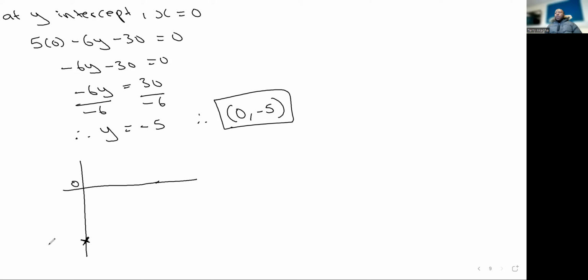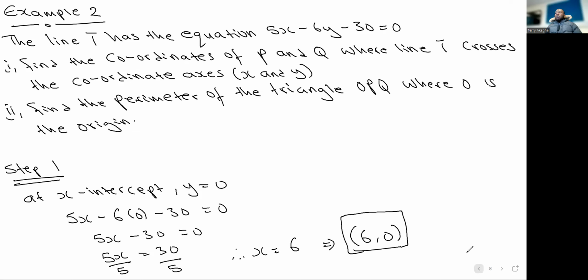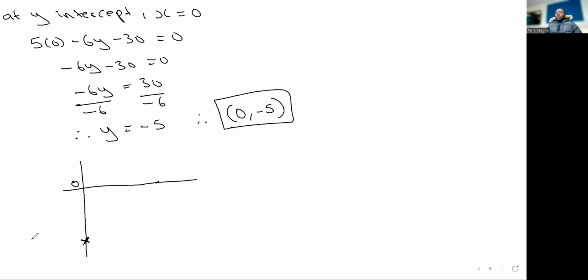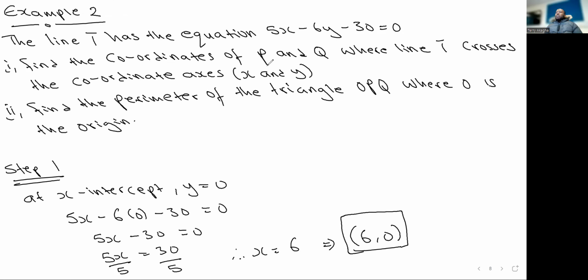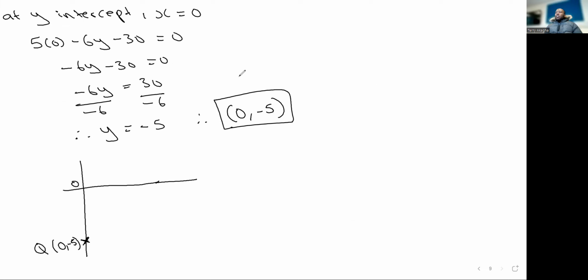So we have the point Q. Then the other one, the x-intercept, which is the point P. So this is point P, and this is going to be point Q.